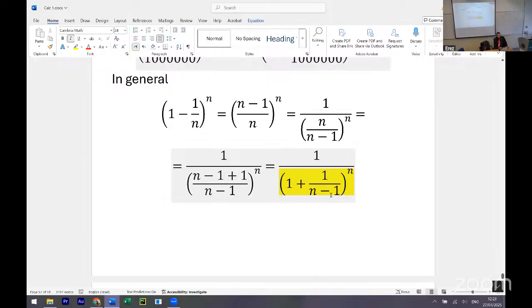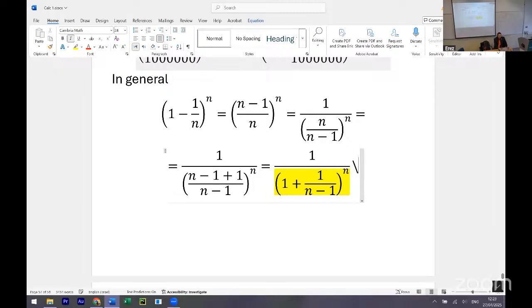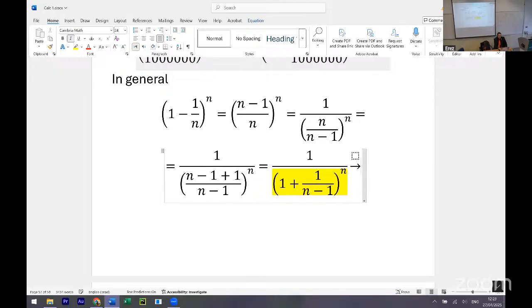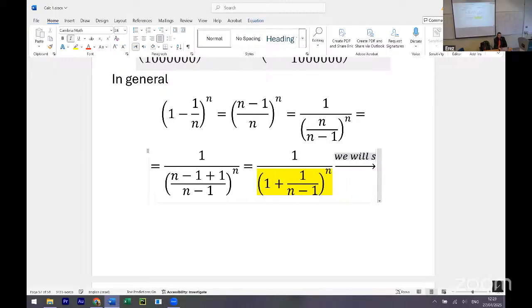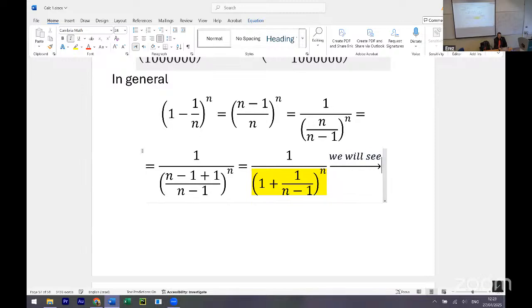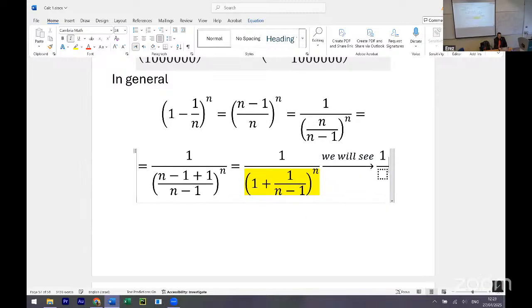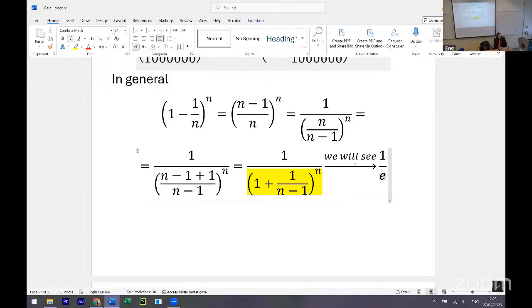That won't be a big problem. So you get this, and what did I tell you that this tends to? The denominator, we will see that it tends to 1 over e.